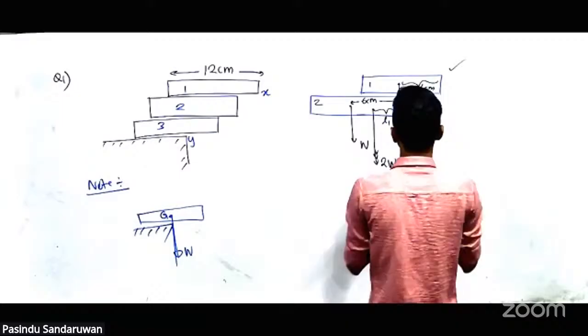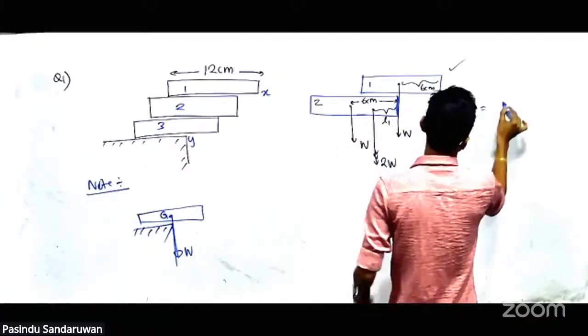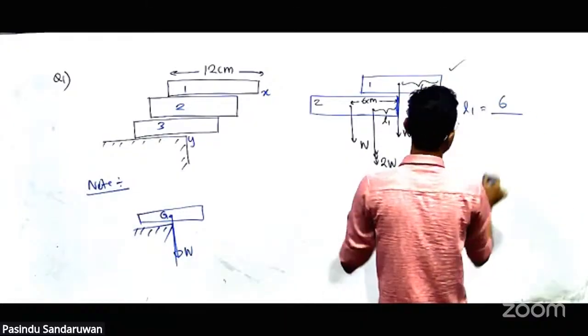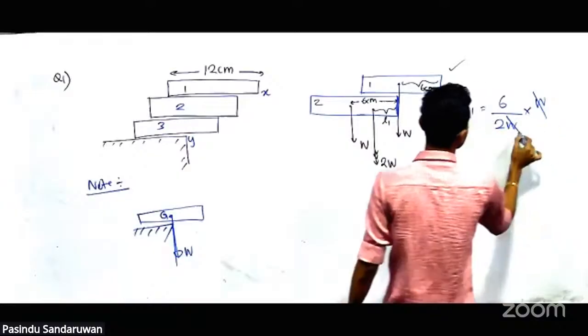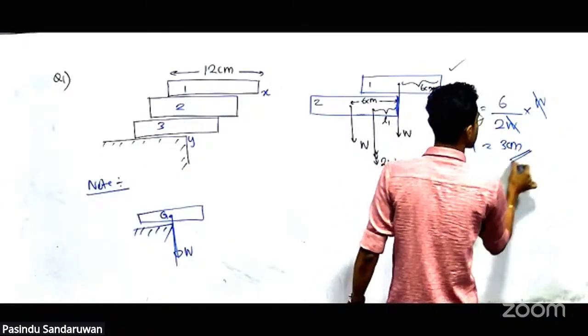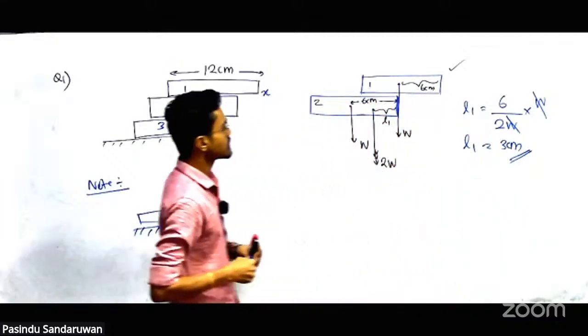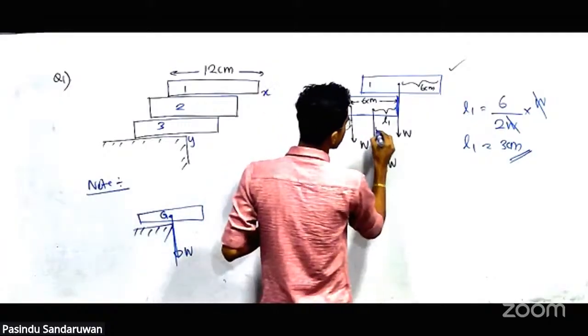See how it is used in a question. L1 can be written as the total distance, 6 centimeters, over the resultant 2W, into the not-connected one, W. These two cancel. L1 equals 3 centimeters. Got it?